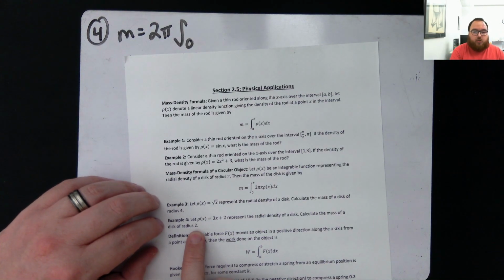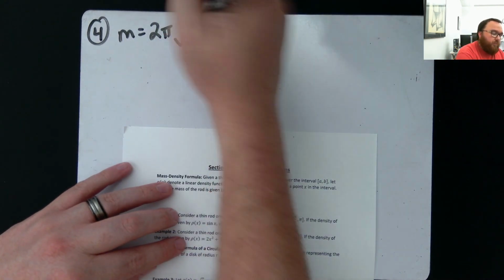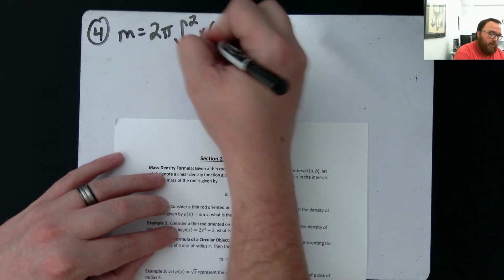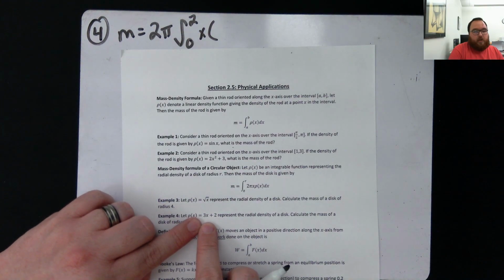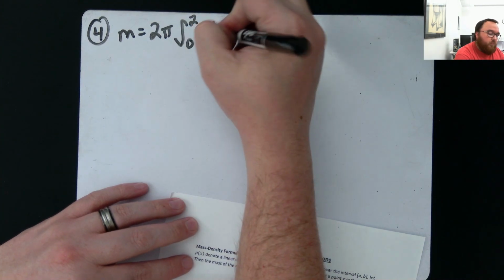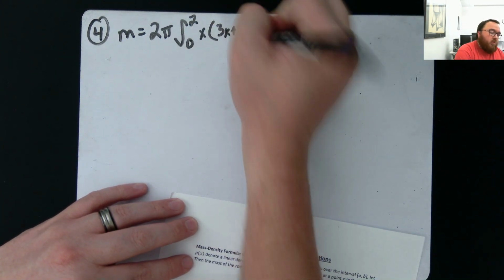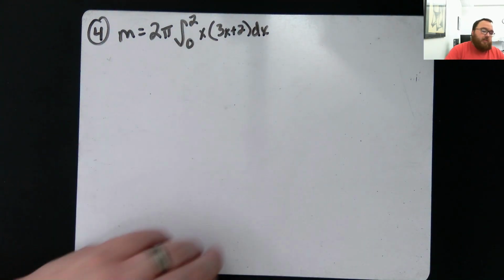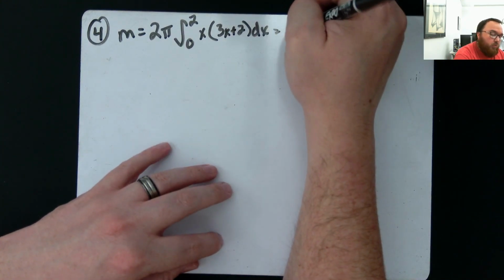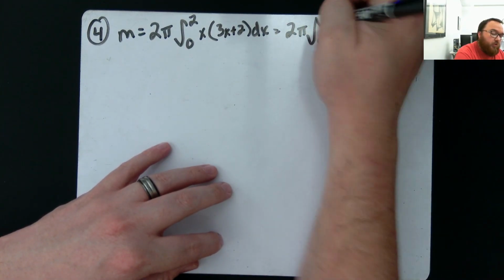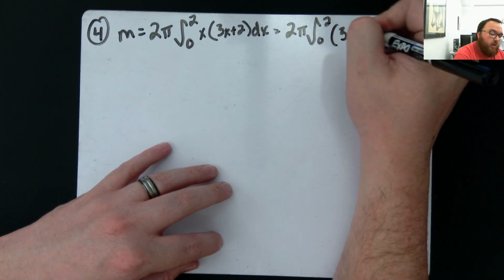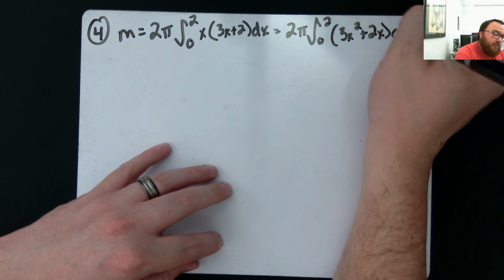Our radius we said was 2, so 0 to 2, x times rho of x, and rho of x here is 3x plus 2. Distribute the x: 2 pi integral 0 to 2 of 3x squared plus 2x dx.